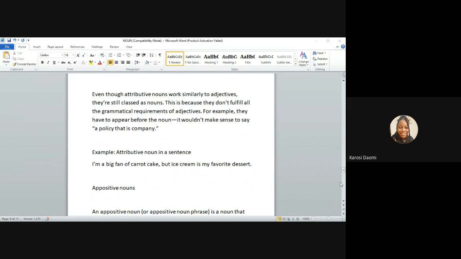So you have carrot cake. Carrot here is also a noun. Carrot on its own is a noun. So carrot here is serving as the attributive noun to help modify the word cake.